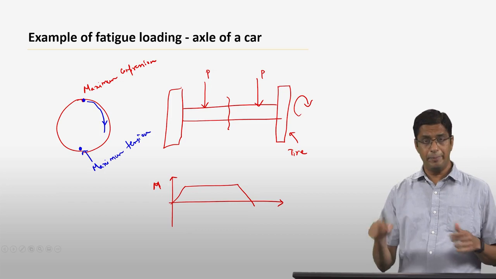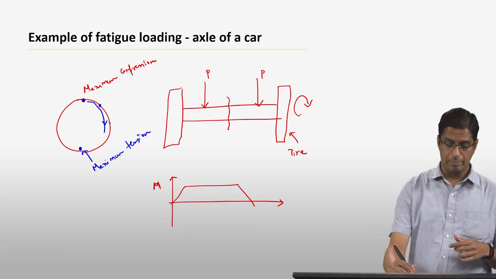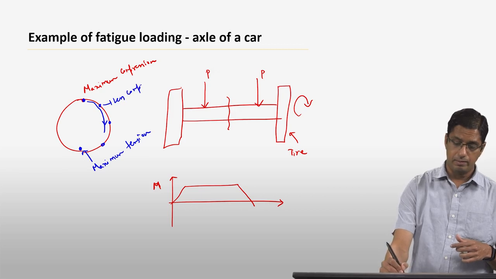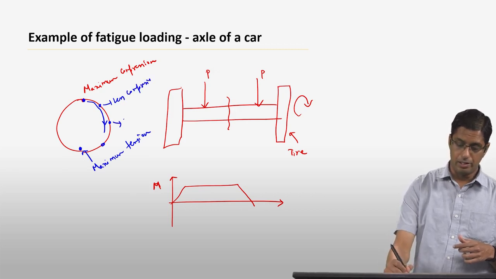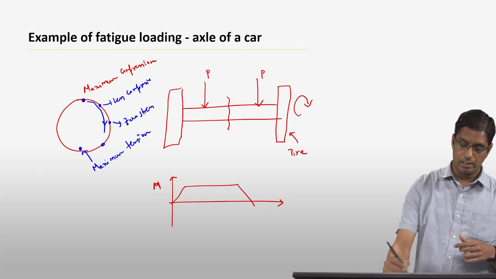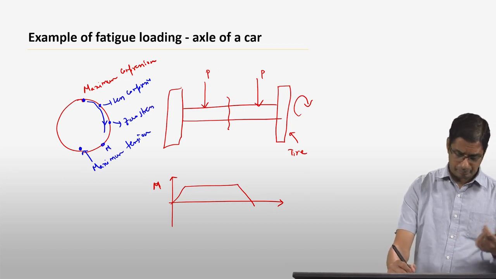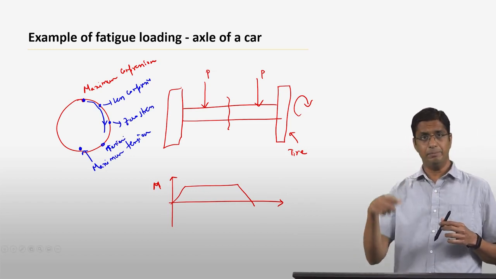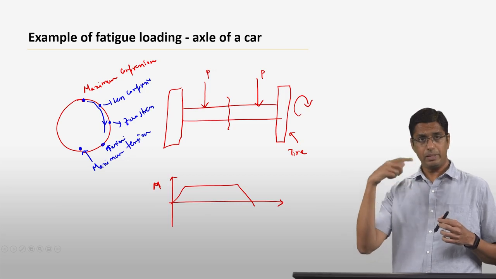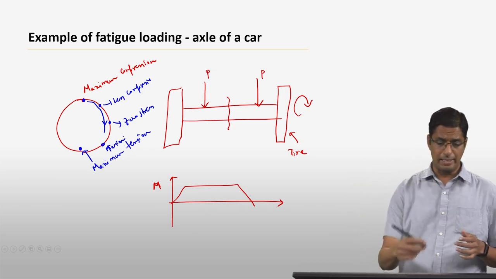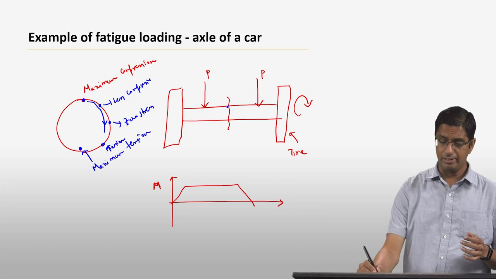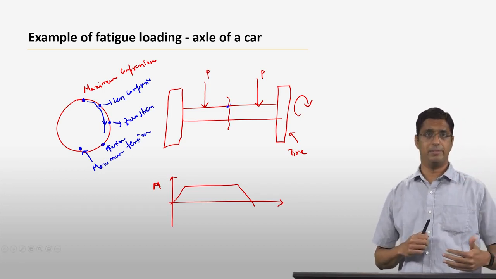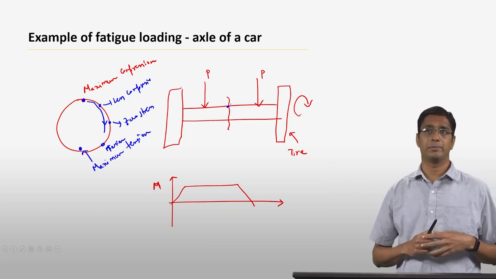And in between, some point here, some point here, and some point here, it is going to be less compression. And here it's going to be zero stress. And here it's going to be tension, but lower than the maximum value, right? So essentially, every time your tire makes a full turn, this particular point in the shaft on, say, this cross-section essentially goes from maximum compression to zero stress to maximum tension and back again to maximum compression.